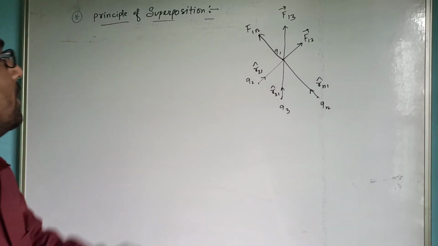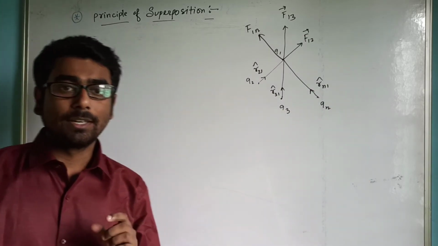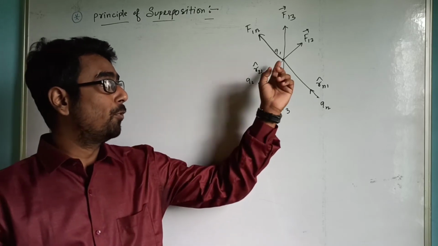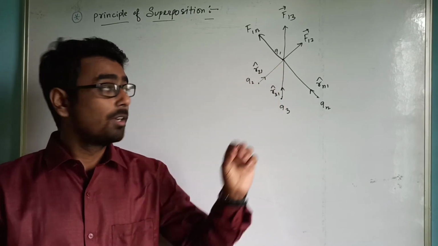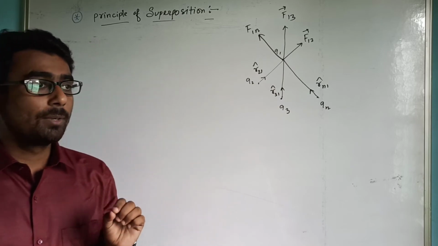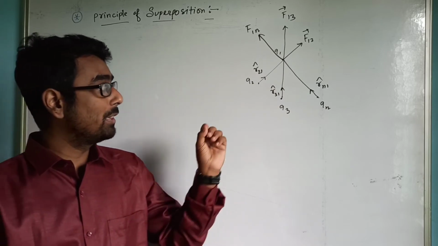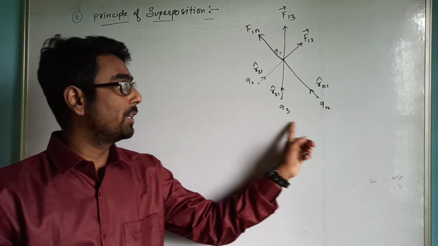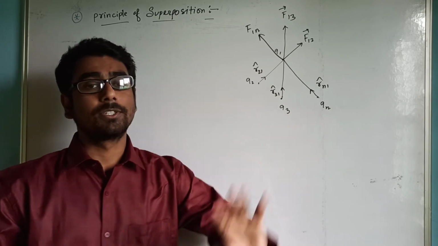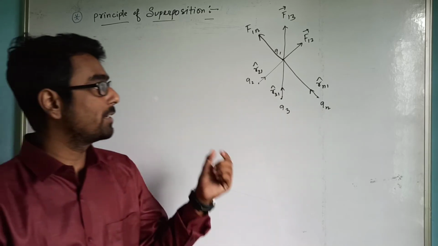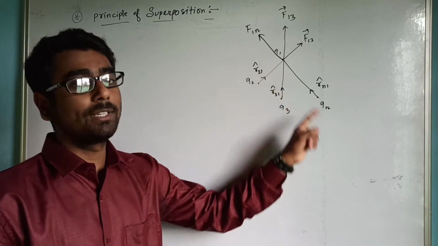That means the principle of superposition states that the total force acting on a charge is equal to the sum of all the forces acting on it because of all the other charges. That means it will be the vector sum of all the forces acting on that charge.